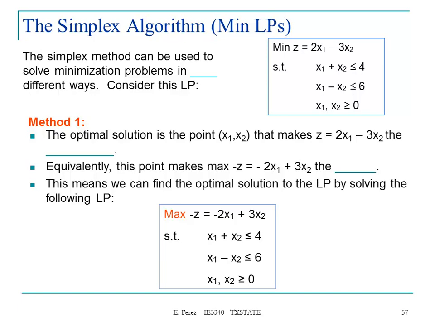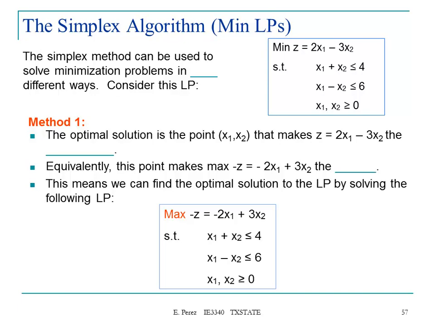And also we're going to talk about how you can identify a problem that can have multiple solutions based on the final solution of the Simplex method, and also how you can identify an unbounded problem. Both cases are going to be discussed today.